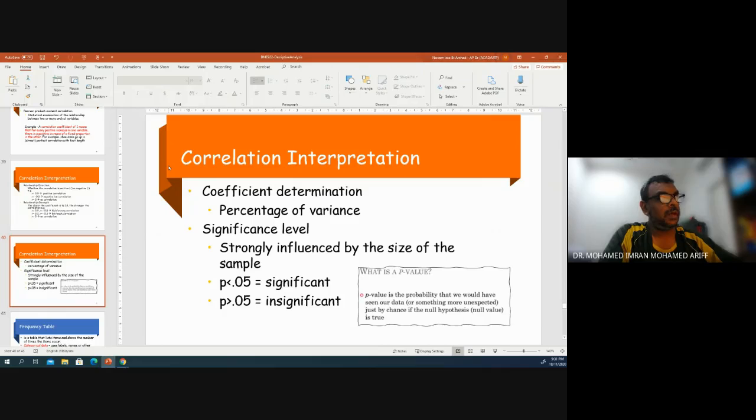So that's why we have a P value. Kita akan buat satu calculation untuk mendapatkan P value. Okay, we find out what's the P value. So if the P value is less than 0.05, that means ada signifikan dia. Meaning apa yang kita dapat boleh menjawab balik kepada population tadi.